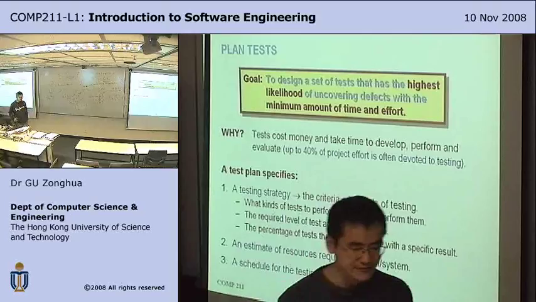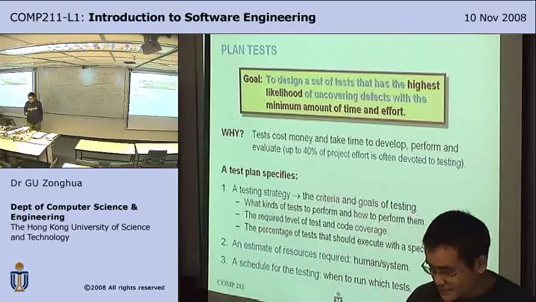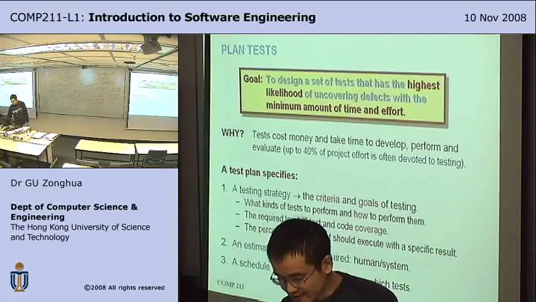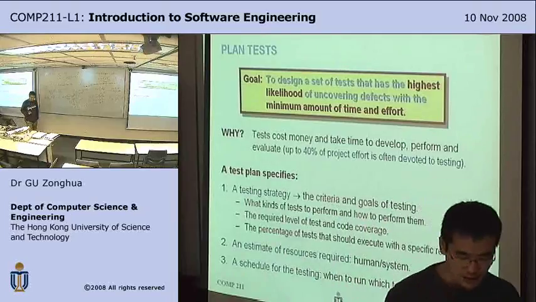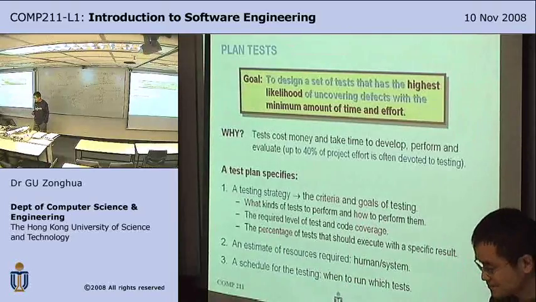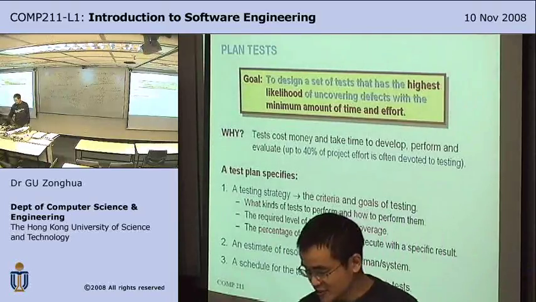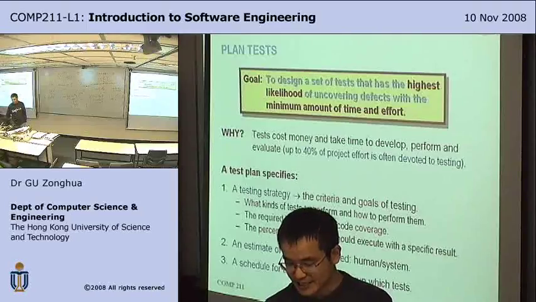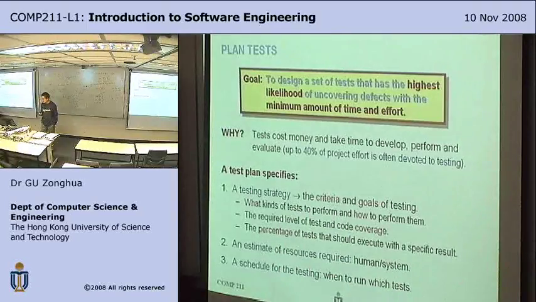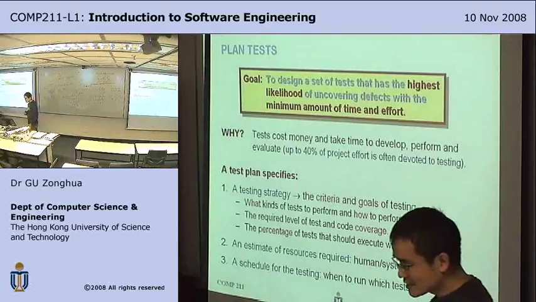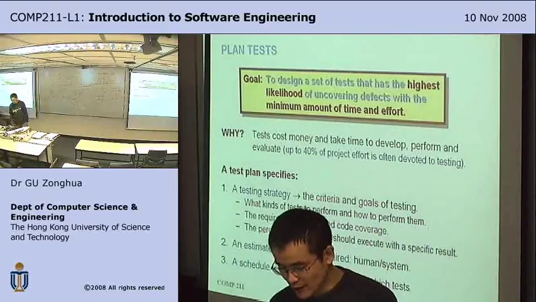That is, how much of the code have you covered? And percentage of tests that should execute with a specific result. And based on the strategy, you can estimate the resources needed, like the people resources and monetary resources. And finally, you come up with a schedule when to run which tests.